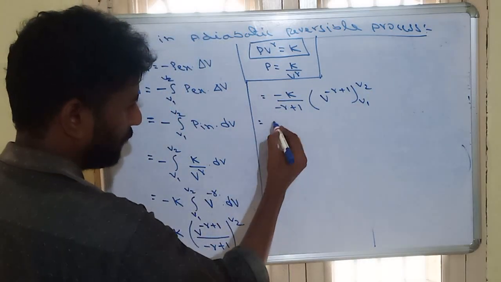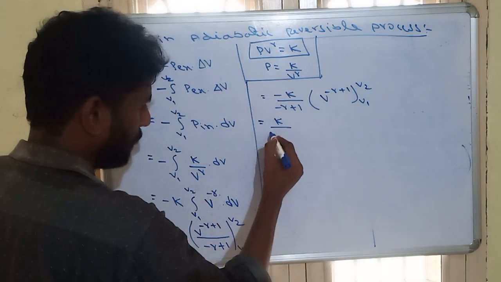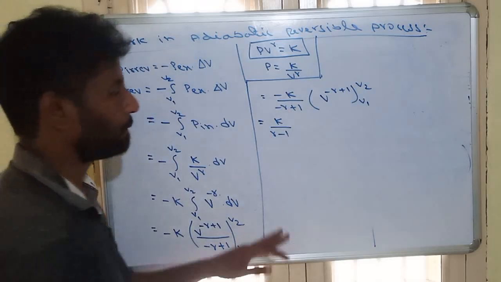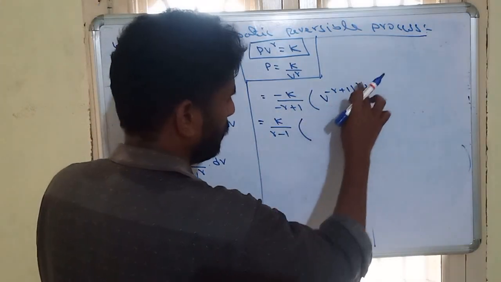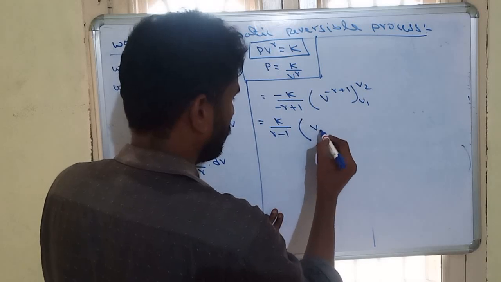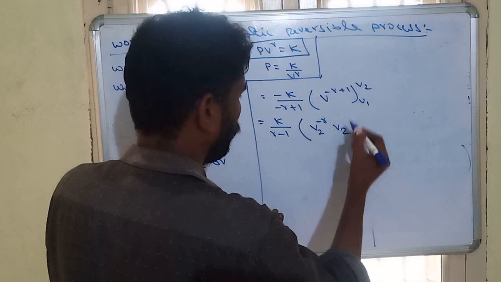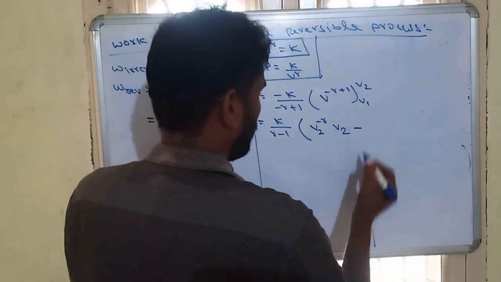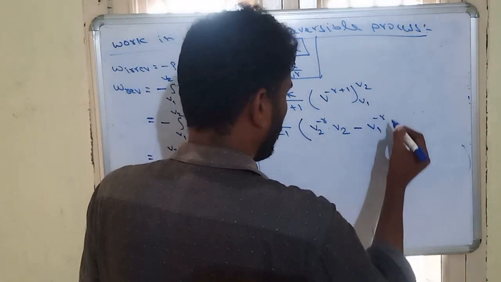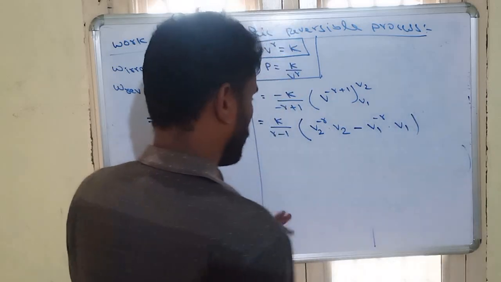So minus minus cancelling, K by (gamma minus 1) into V2^(-gamma) into V2 minus V1^(-gamma) into V1.